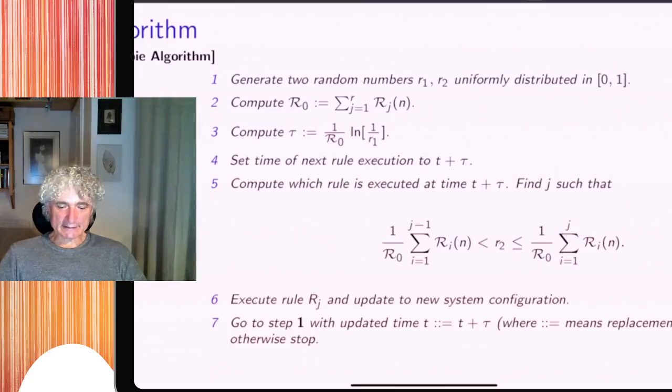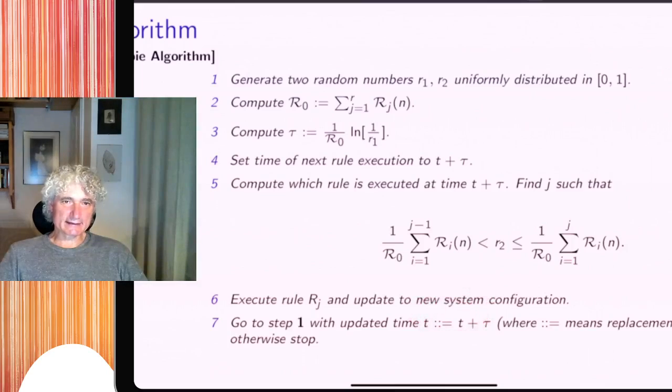So r2 is just in between, and then you execute rule rj, because the rule rj has just brought you over the threshold which was given by the computed random number r2. And that will of course now update your system configuration. And then you go to step 1 and you are time stepping throughout.